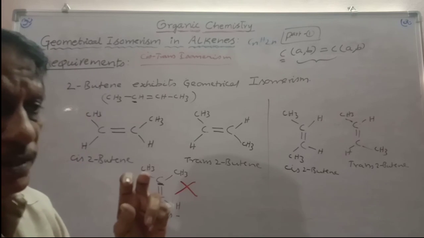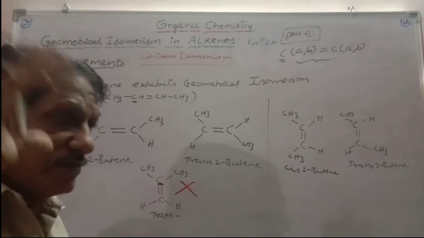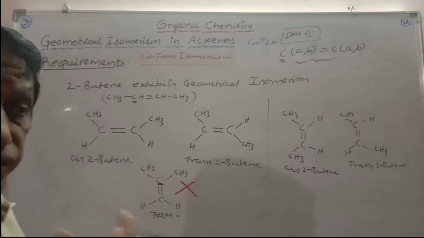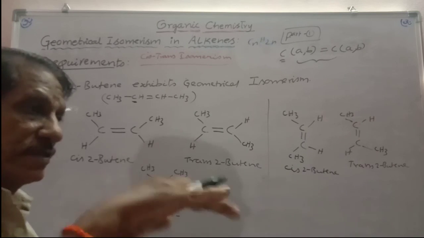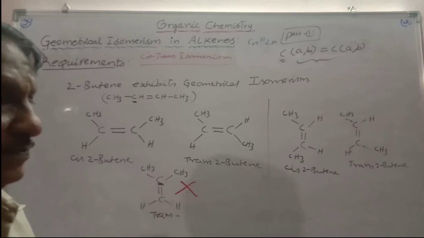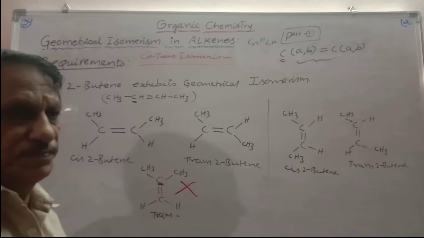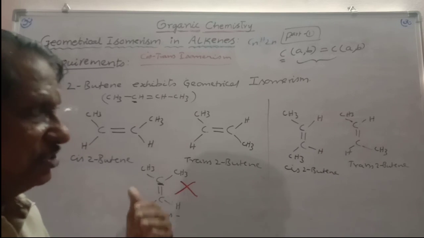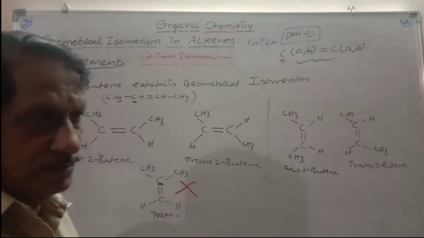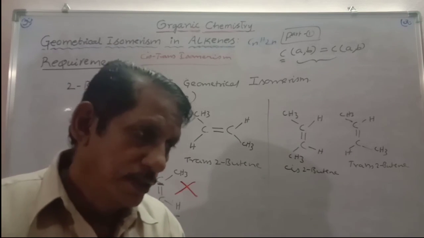And here one of the two sp2 carbons is carrying two different groups, the other sp2 carbon is also carrying two different groups. All the four groups attached to the sp2 carbons are different. In such a situation, can it exhibit geometrical isomerism? These are the considerations you have to take whenever you explain the geometrical isomerism exhibited by C double bond C compounds. And let us discuss that part in the second part of geometrical isomerism. Okay? Thank you for your kind hearing.